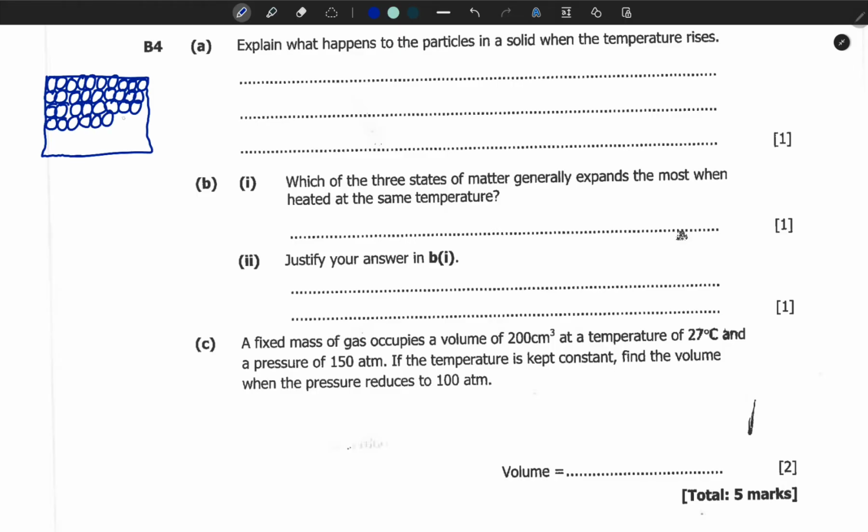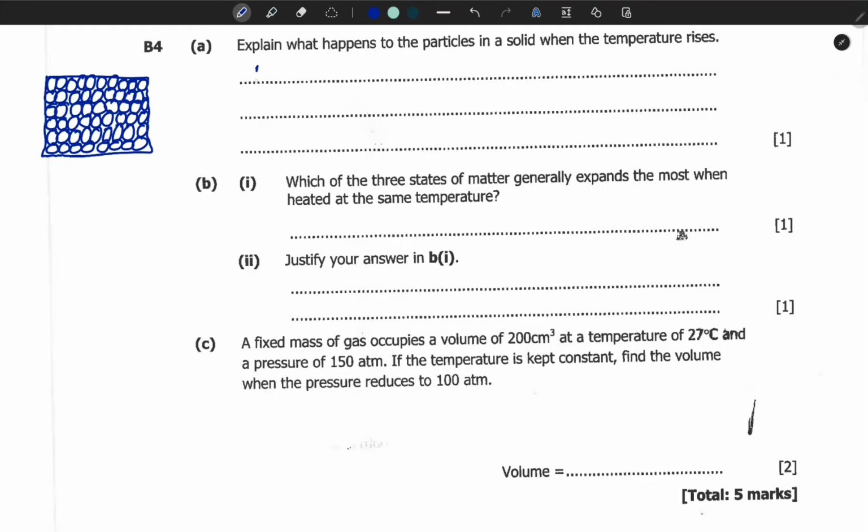Now the question is, if we increase the temperature of a solid structure, what are we doing? We are adding kinetic energy to these particles. After a certain period of time, the particles become energetic, and because they become energetic, they start vibrating.